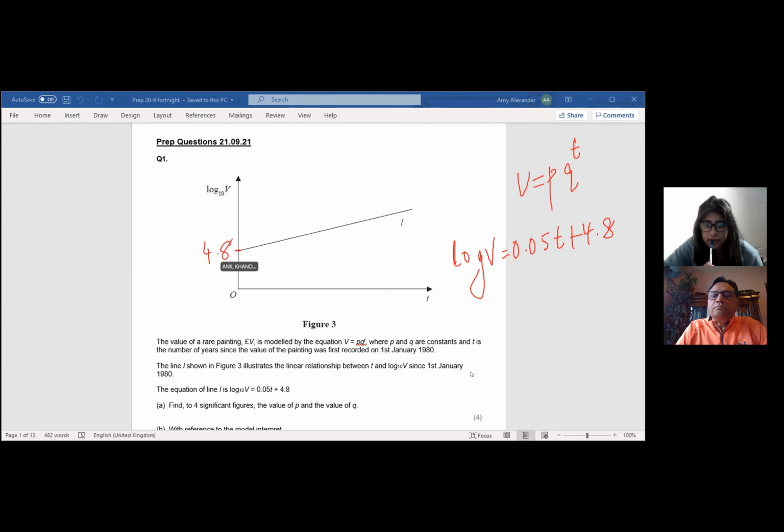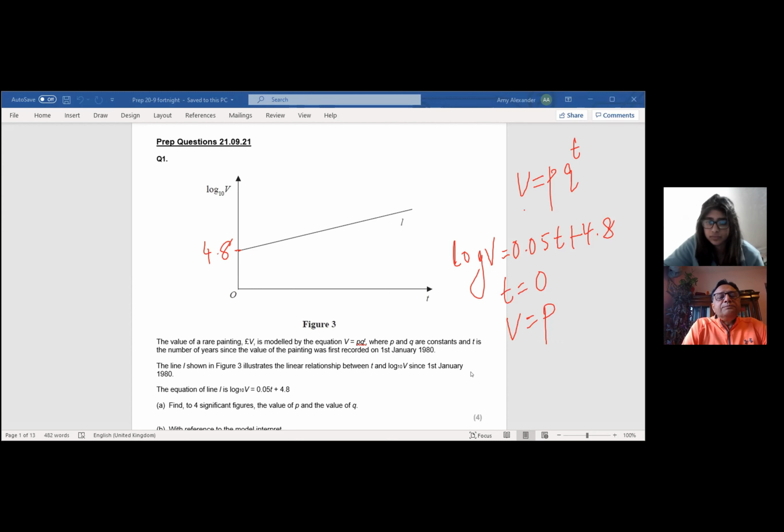We need to find the value of P and Q. If I put T equals 0 in this particular equation, I get V equals P. So at T equals 0, V equals P.